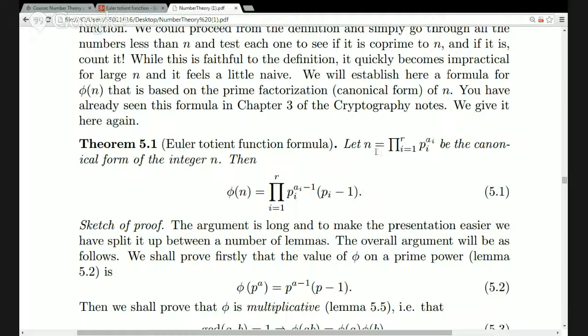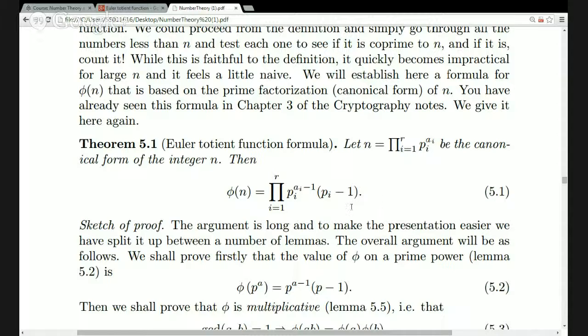Just the fact that every integer does have one of these prime factorizations, and it's essentially unique. After the requirement that you order the primes in increasing order, it is exactly unique. There is only one such prime factorization that it has. These powers, or these exponents, a_i, they're all integers greater than or equal to 1. They're just the power of that prime as it appears in the factorization there.